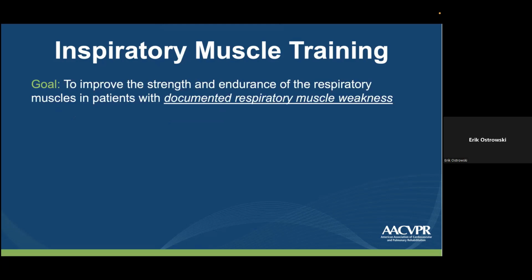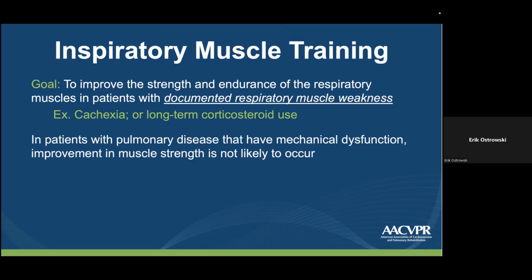All right, so moving on to inspiratory muscle training. The goal of inspiratory muscle training is to improve the strength and endurance of the respiratory muscles in patients with documented respiratory muscle weakness. So patients that are cachectic or have long-term corticosteroid use often have respiratory muscle weakness, where inspiratory muscle training can be very beneficial to them.